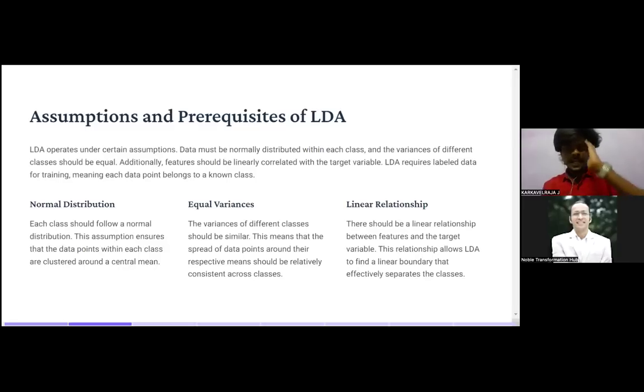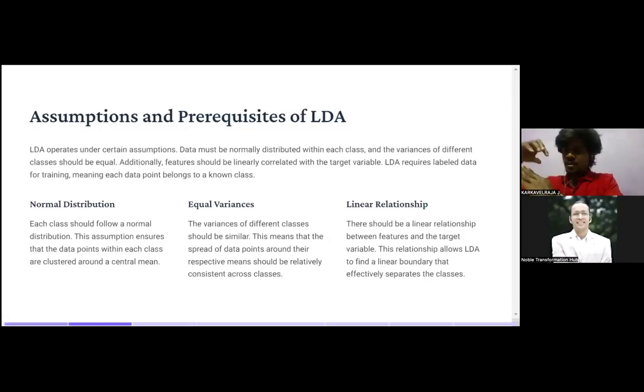Next, linear relationship. Since it is linear discriminant analysis, it assumes the data points are linearly distributed. There should be a linear relationship between the features and the target variable. This relationship allows LDA to find the linear boundary that effectively separates the classes. I told you in the first slide itself, we will have a line in LDA, and this line helps us separate two different classes.